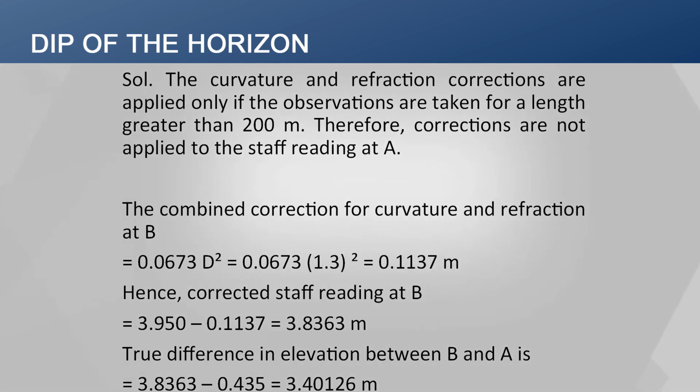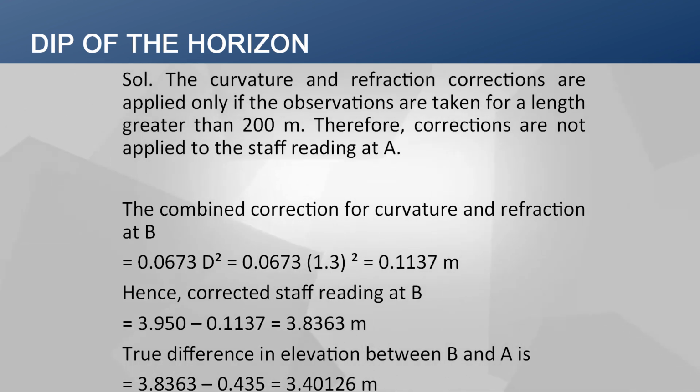Hence, corrected staff reading at B will be equal to 3.950 minus 0.1137, which is the reading obtained on the staff held at B, that is 3.950, minus the combined correction. It will result in 3.8363 meter.